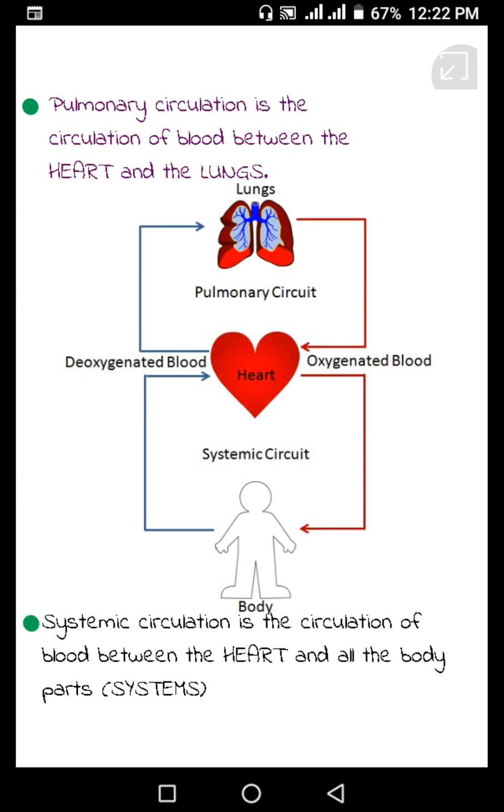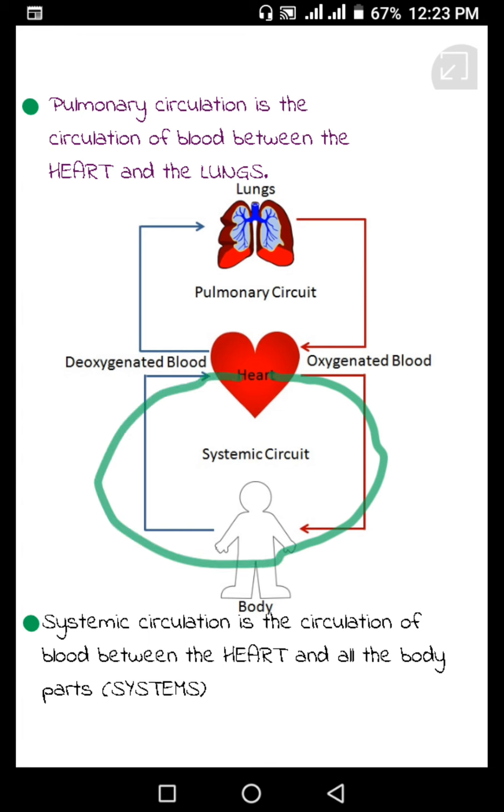Then systemic circulation is the circulation of blood between the heart and all the body parts, which are called the systems. So systemic circulation is the movement of blood from the heart to all body parts, and from all body parts back to the heart again.